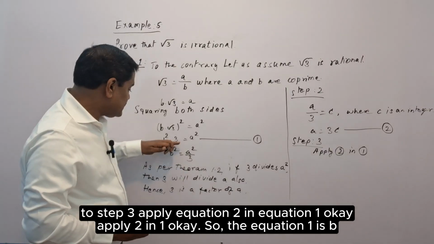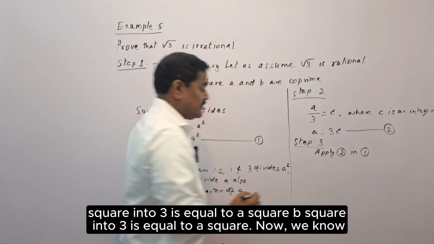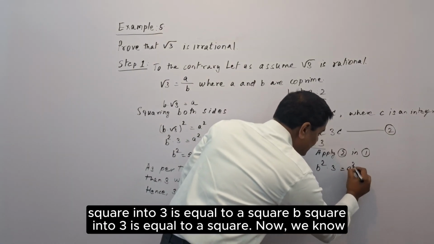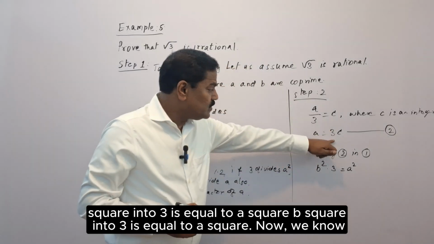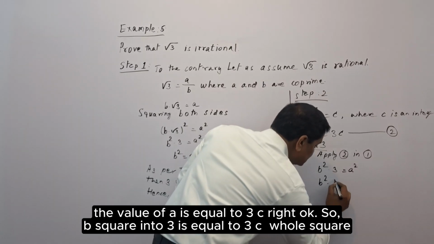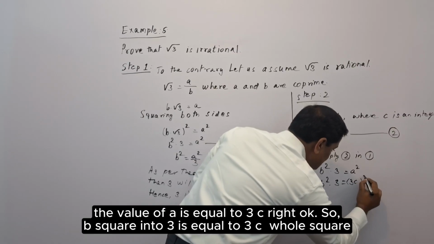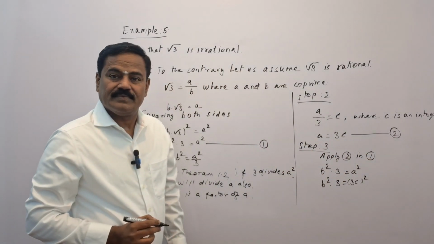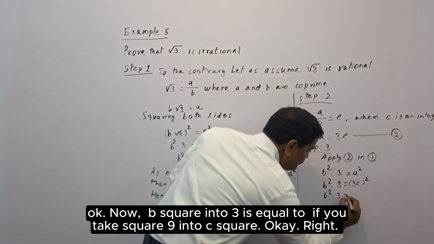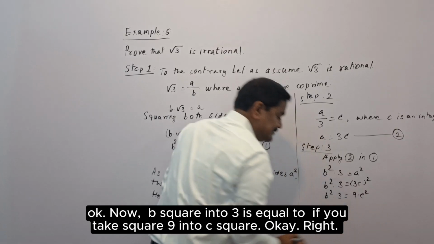Equation 1 is b square into 3 is equal to a square. Now we know the value of a is equal to 3c, so b square into 3 is equal to 3c whole square. Squaring, b square into 3 is equal to 9 into c square.